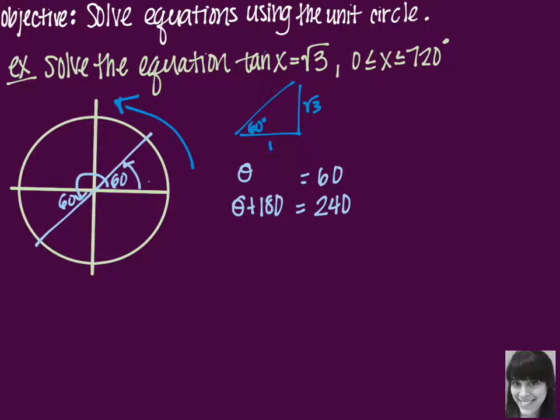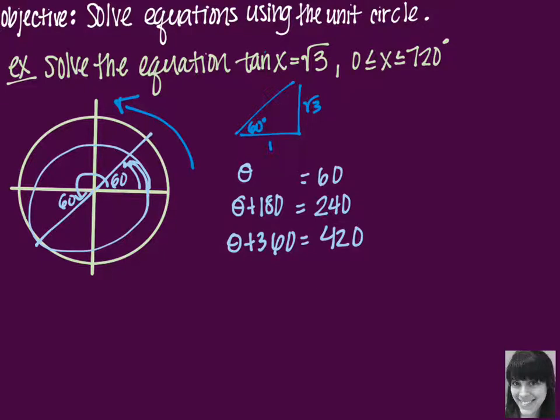Now, I want to go around again, so I want to make one full circle, so that's 360 plus theta, which is going to give us 420.